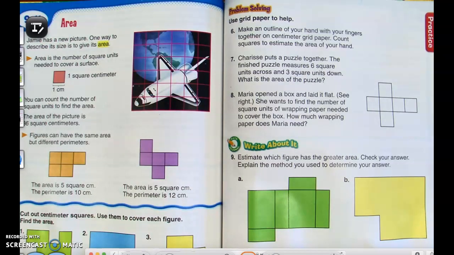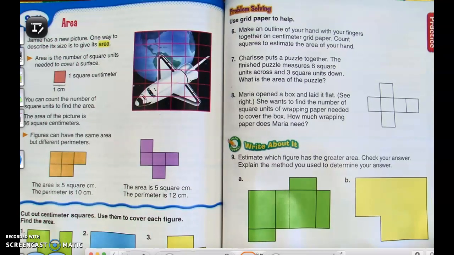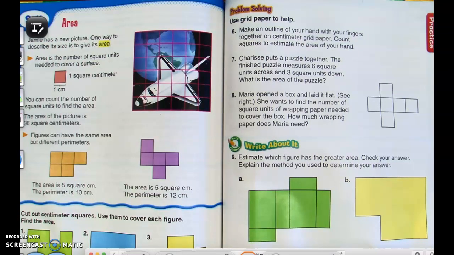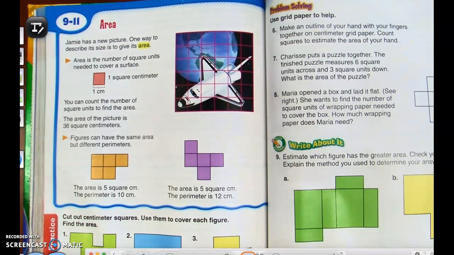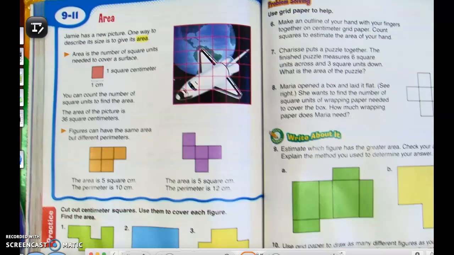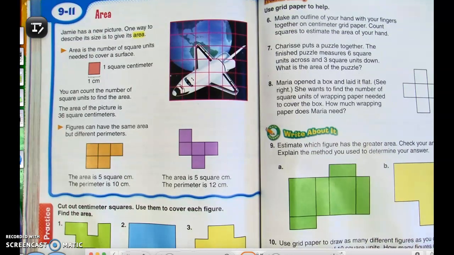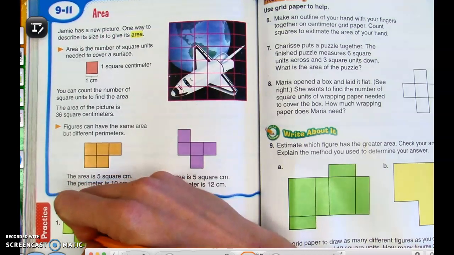So here it says to cut out centimeter squares, use them to cover each figure and find the area. So what I'm going to suggest that you do is actually use your geometry packet for this, since you can't write in your book, and then you can just draw little squares on your page. Now, the only reason I'm going to write in this right now is because this is the teacher book, but please do not write in your textbook. Only write on the geometry packet, but you don't need to cut out centimeter squares.